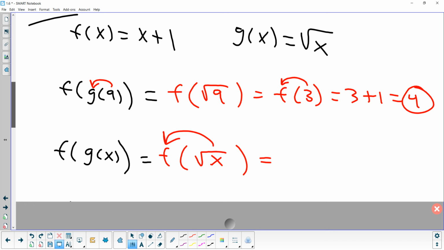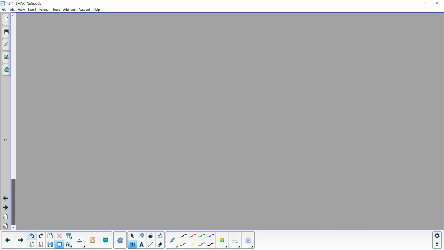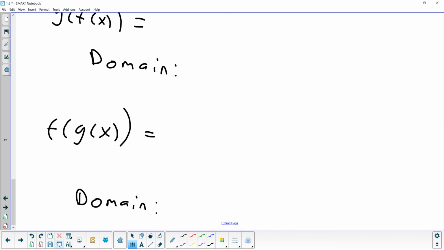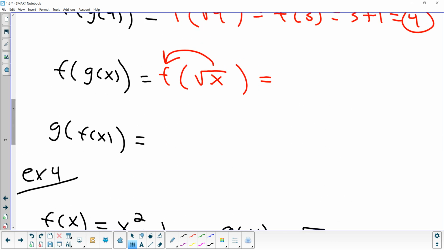So that's the formula for f of x, yes. And what are we filling in for x? The square root of x. So what I put that arrow to, that's what you're filling in to formula f. What do you end up with?